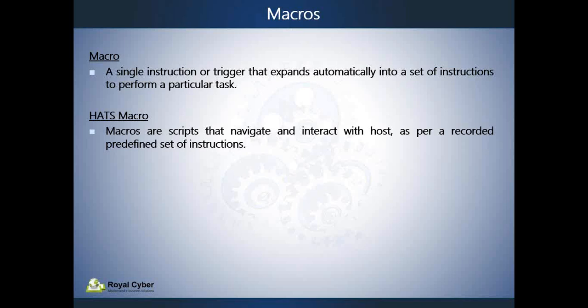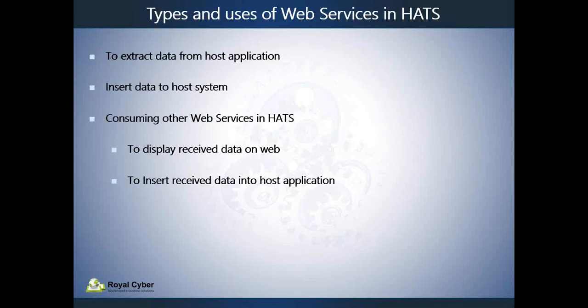Now let's see how web services can be used in HATS and how they are useful. Web services in HATS can be mainly of three types listed here. The third one can be further divided into two more implementation scenarios. Number one is to extract data from a host application. Number two, it can be used to insert data into the host system.